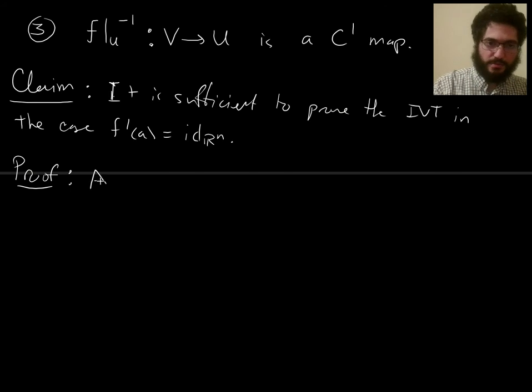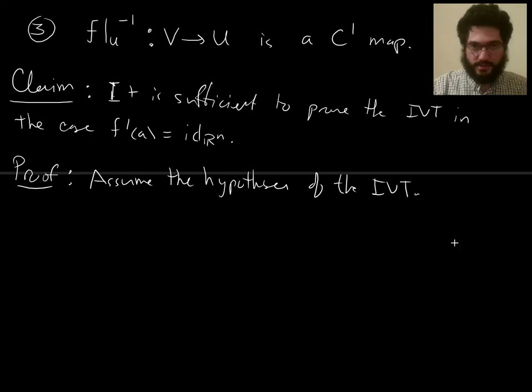So we'll start by saying assume the hypotheses of the inverse function theorem, meaning assume that F is a C1 map and F prime of A is an invertible linear map. Then here's what I imagine.